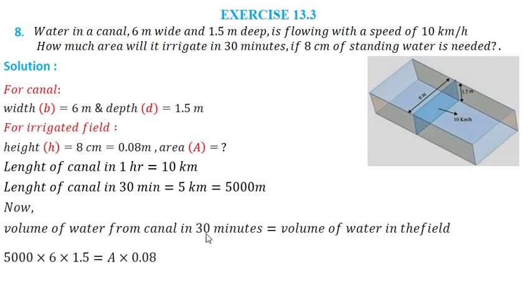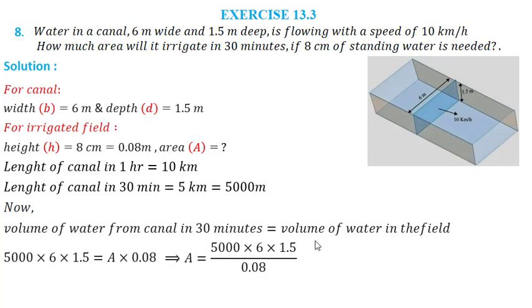So here, in 30 minutes the amount of water that will flow is 5000 into 6 into 1.5, and the water which will go in the field will be area into depth, that is A into 0.08. So area will be 5000 into 6 into 1.5 divided by 0.08.